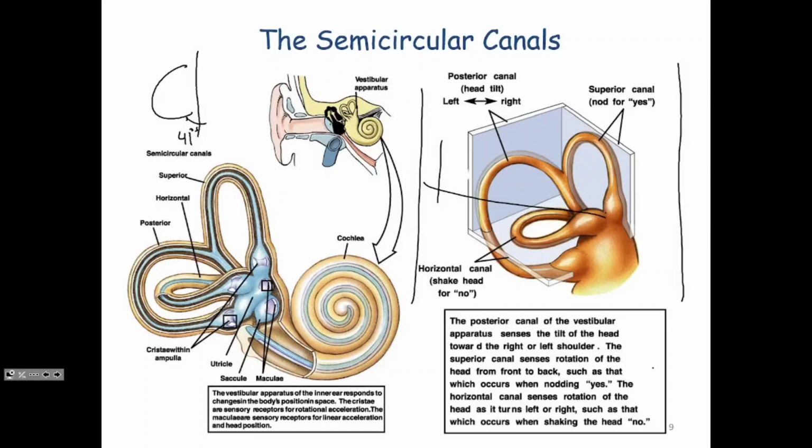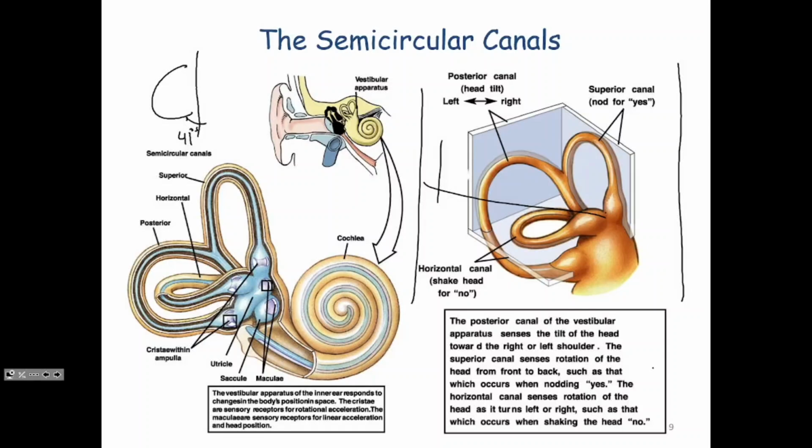Now, what is the advantage of this? Your anterior semicircular canal, imagine this is the y-axis. The horizontal semicircular canal is the x-axis. So anterior is the y-axis, horizontal is the x-axis, and posterior is the z-axis.